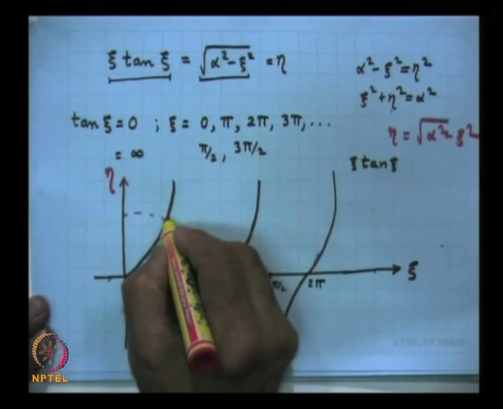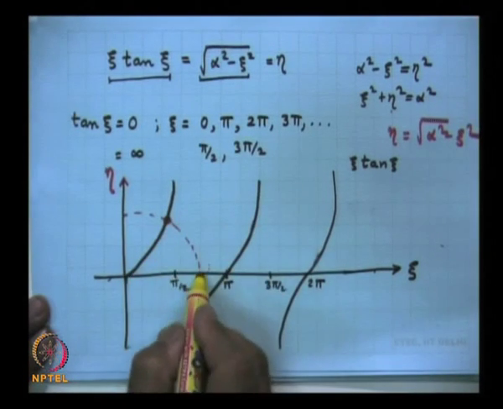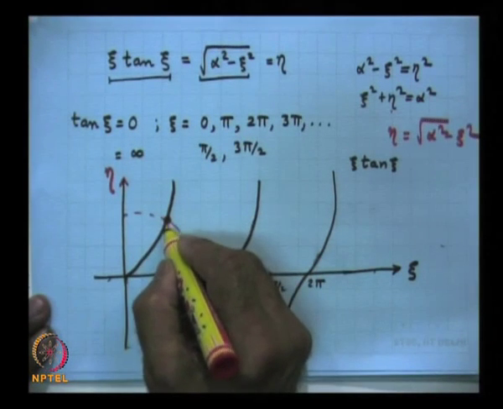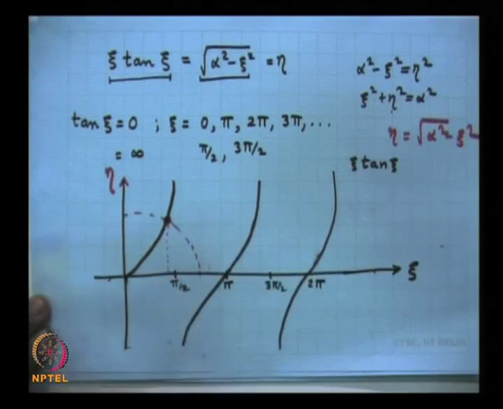Then at this point, the left hand side and right hand side are equal, and the value of xi is, let us suppose, something like say 1.4 or something like that, and that is an eigenstate of the problem.